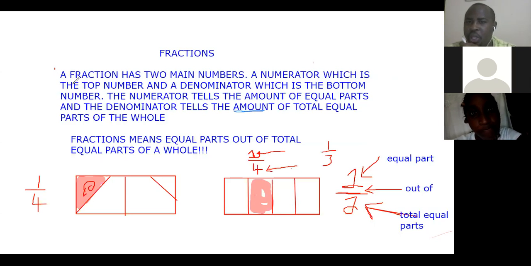Are you seeing the picture now? Yes. Getting the picture clearer? Yes. Okay, so let me erase the board. And we say fraction means equal parts out of total equal parts of a whole. All right? Now, let me clear the board and show you something.